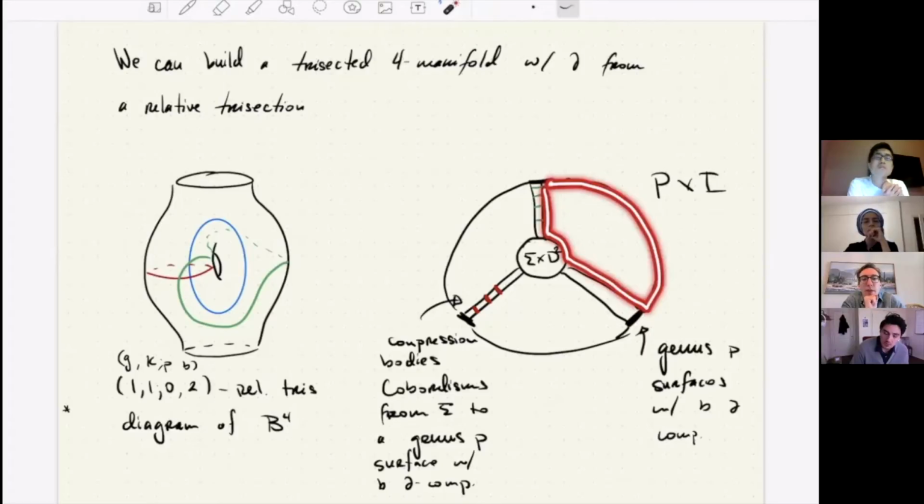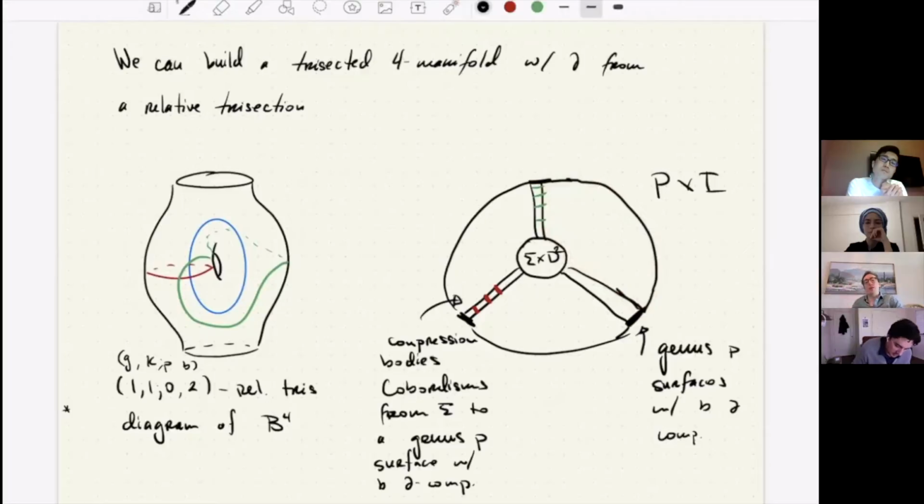Oh, I see. And that's how you're getting the surface bundle. Okay, I understand. Yeah, so we do that in such a way that each of these pieces has boundary a bunch of copies of S1 cross S2s.